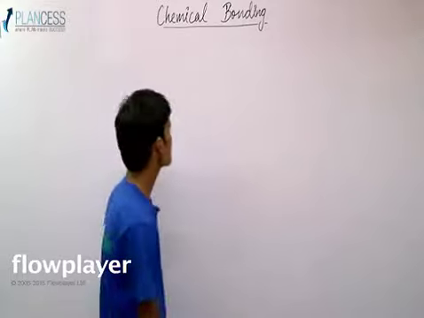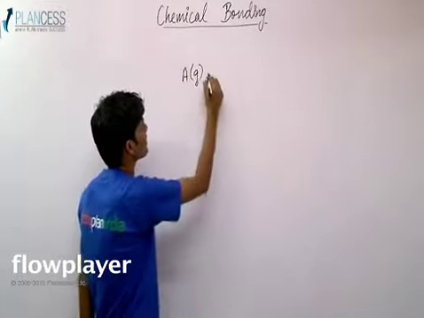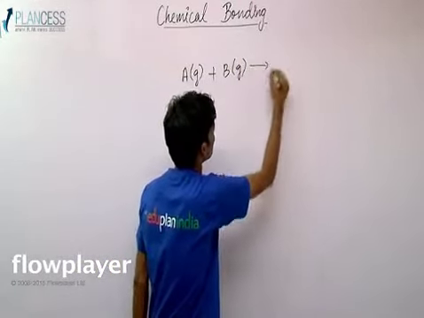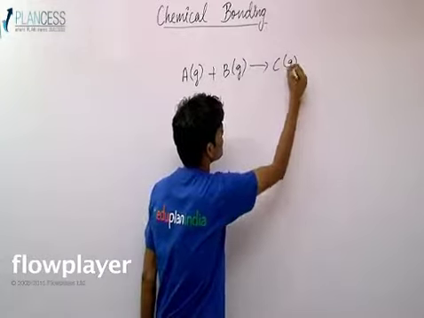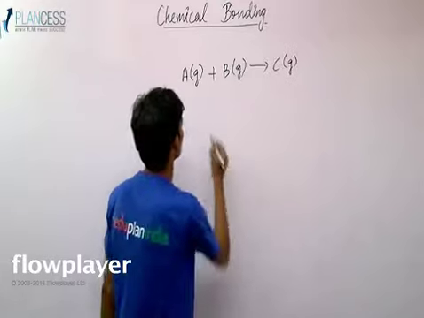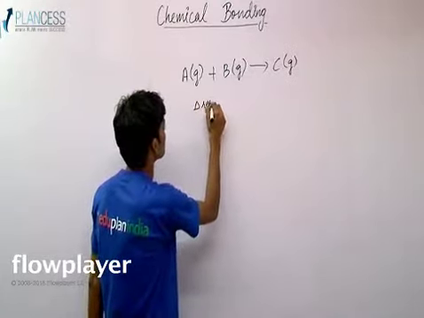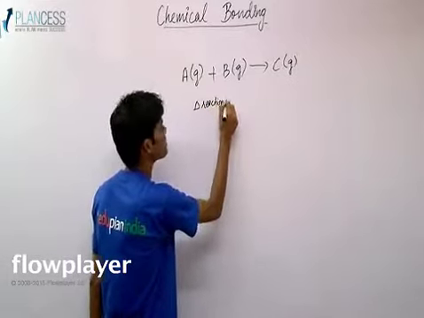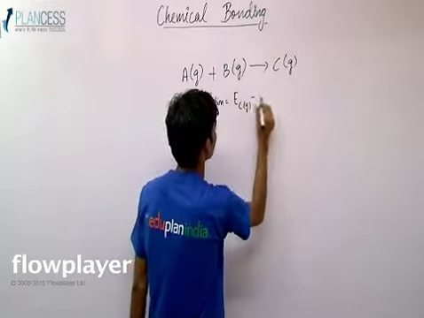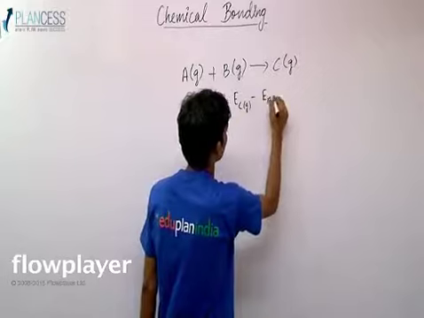For example, if A is a gaseous element plus B is a gaseous element, and they result in the element C gas, the energy change involved in this process, the delta H of reaction, would be equal to energy of C minus energy of A plus energy of B.